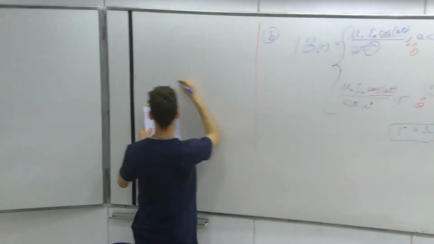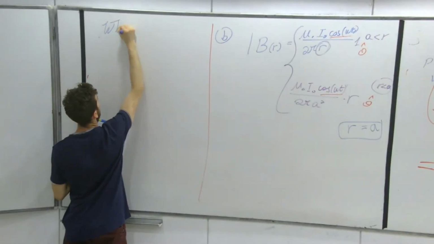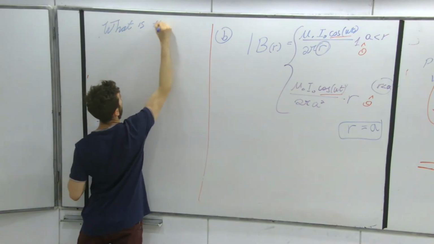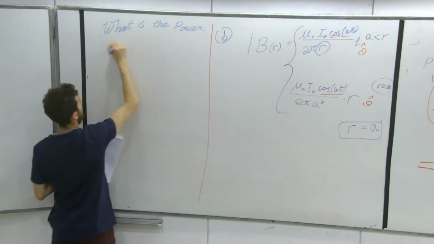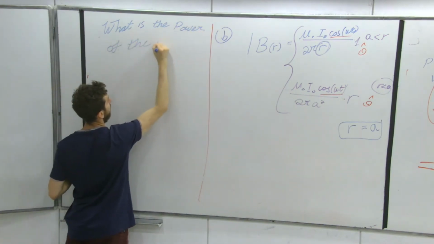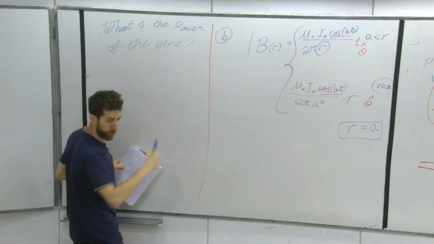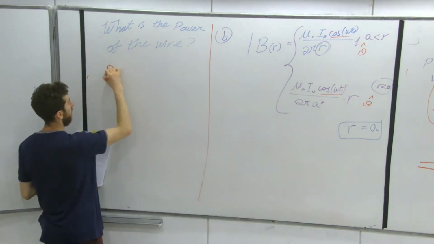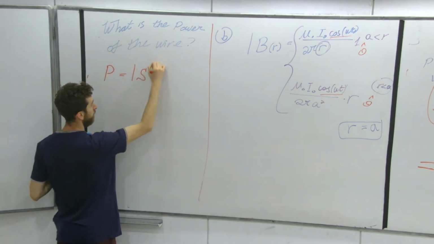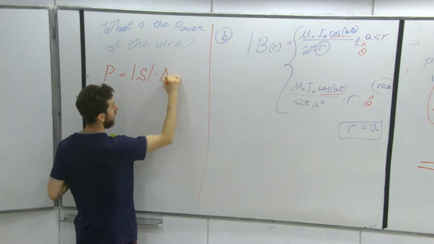If I want to find P, the power of the wire, what I actually need to do, I can find it using S, right? I can say that P is equal to the magnitude of S, because P is not a vector, multiplied by A.